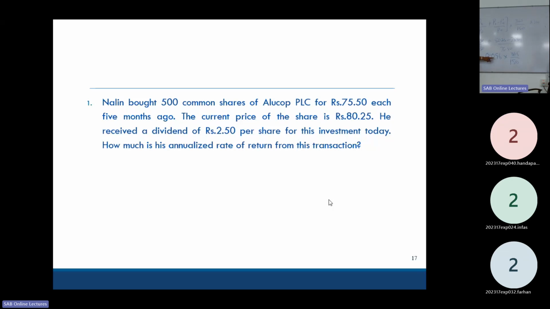So this 0.096, we have to divide by holding days. We take approximately 150 days. Multiply by 365. So you will get the annualized rate of return 23.36%. Your annualized rate of return is 23.36%.